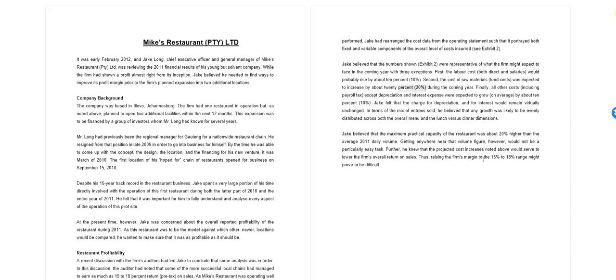So we need to use that in our forecasting. And then finally, all other costs, including payroll taxes and so on, I'll leave that to you to read, will go up by 10%. That's very important for our future planning of this business, and we'll come to that in a moment.